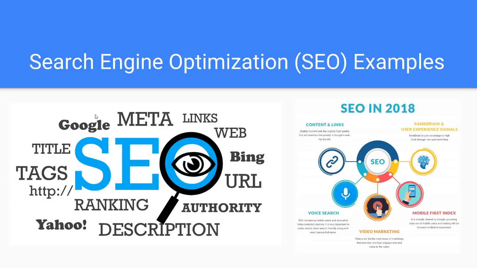So many ways of doing SEO in 2018 is through video marketing, which we discussed, voice search, content and links, so using backlinks and connecting your post to other websites just so that it can rank higher, and using different tags, meta tags, a bunch of different things, and getting your website out there so that it can rank higher in Google, and Google can recognize your website as being a good source for an audience.